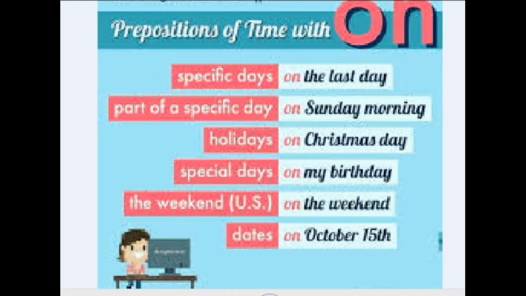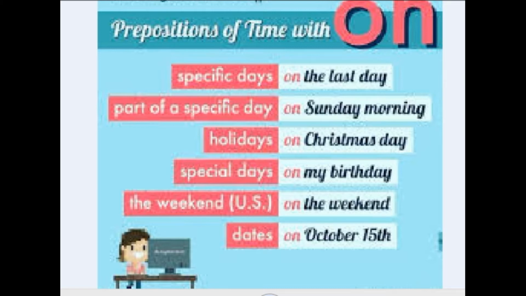Finally, let's review the prepositions of time with on. We use on for specific days, on the last day, part of a specific day, on Sunday morning. So we use it for days, right? Holidays, on Christmas Day, special days, occasions, on my birthday.